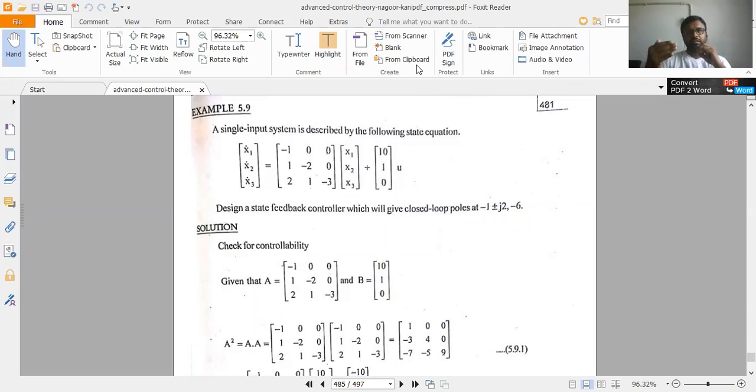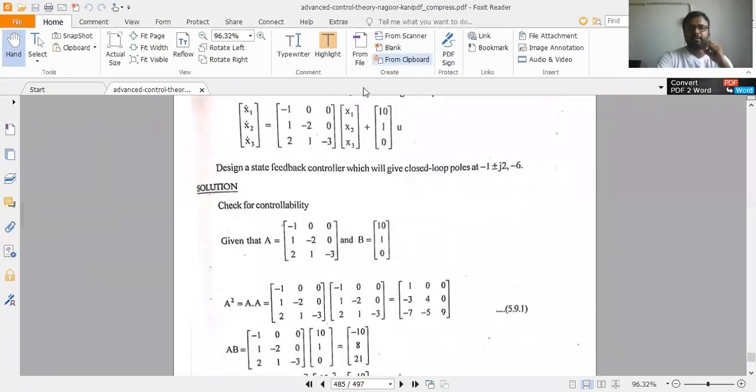So before determining the value of capital K, we have to check whether this system is controllable or not. Here the order of the matrix is 3, so small n is equal to 3.